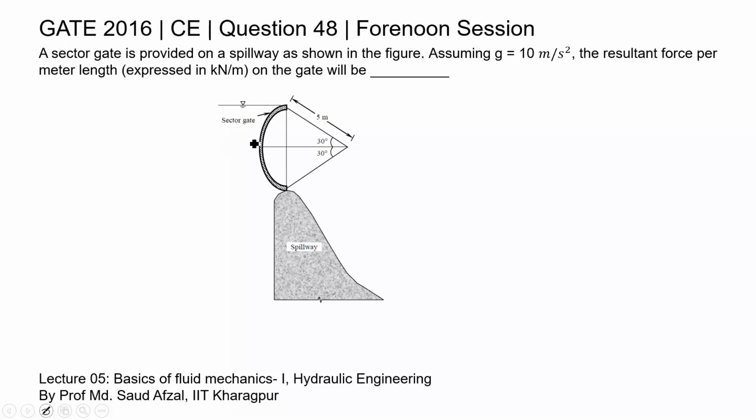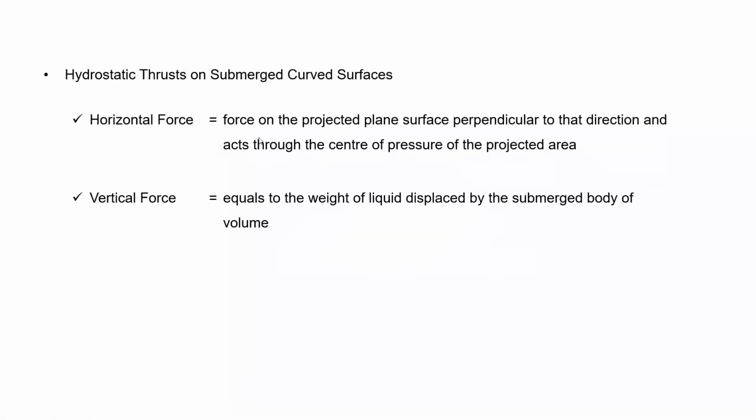So the forces on the immersed body can be found by knowing the total horizontal force and total vertical force. The horizontal force on any immersed body or any curved surface is the force on the projected plane surface perpendicular to that direction, and it acts at the center of pressure of the projected area.